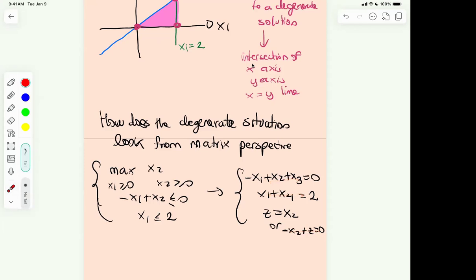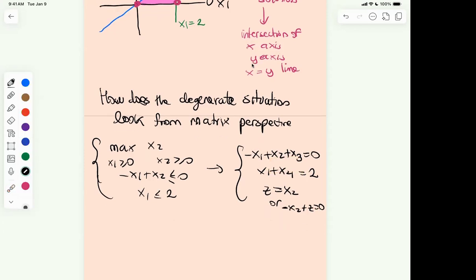So in the matrix perspective, you get minus 1, 1, 1, 0. Again, I'll put the variables. I think that's useful at the beginning when you're getting used to this. You don't need to. There's no z in the first equation.